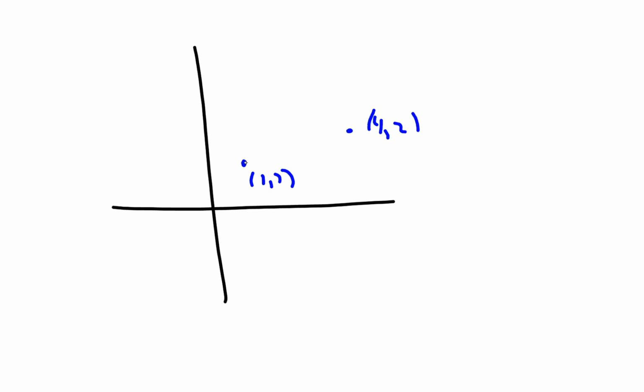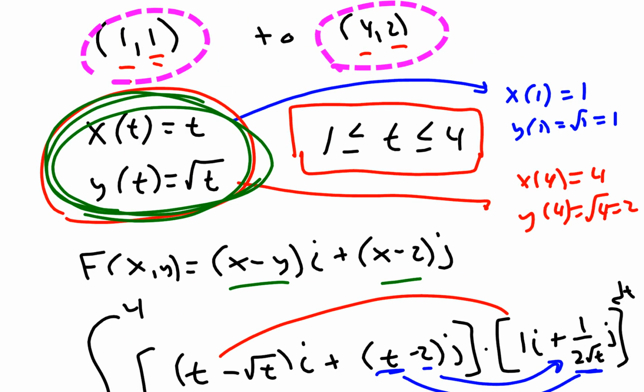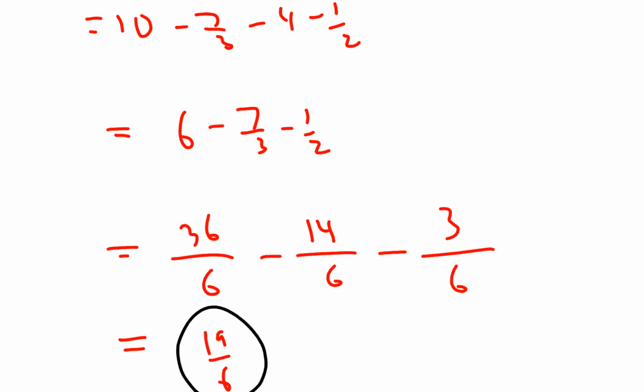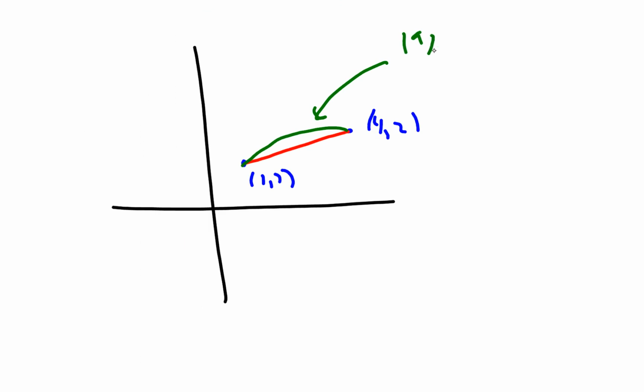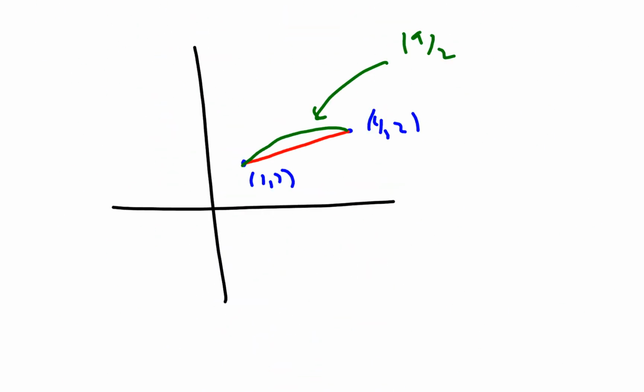We did it with a straight line, and we did it with a square root function, which would look like this. And we just showed that in the square root case, we got 19/6. And we just saw a moment ago for the line integral with the straight line, we got 7/2.